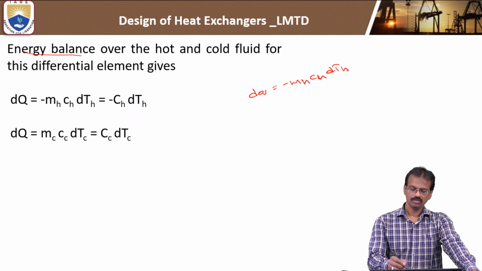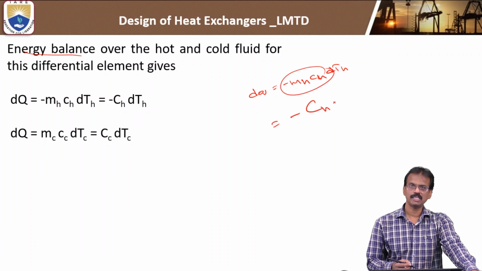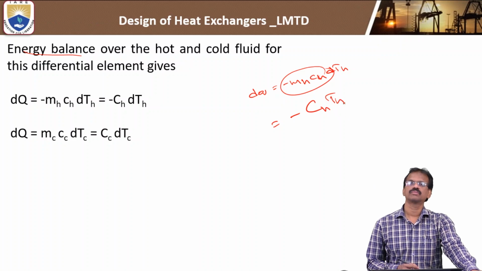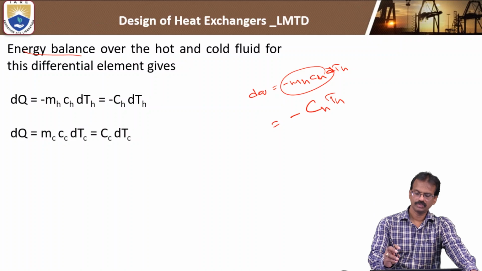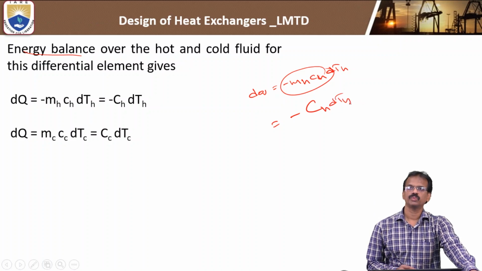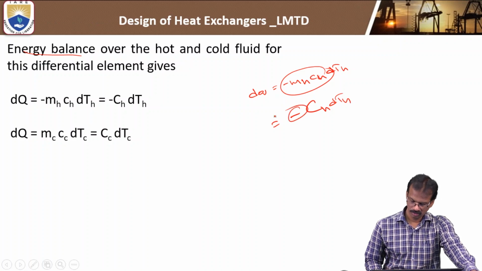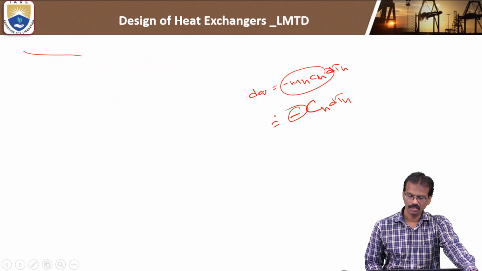Okay. So we can write it like this: minus capital CH, specific heat of the hot fluid, into dTH. Okay. So for this small elemental area, here we are using minus because heat is gradually decreasing.